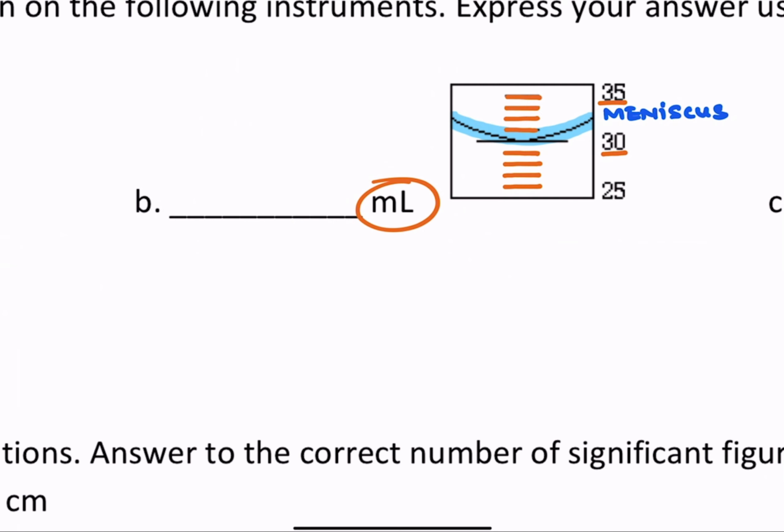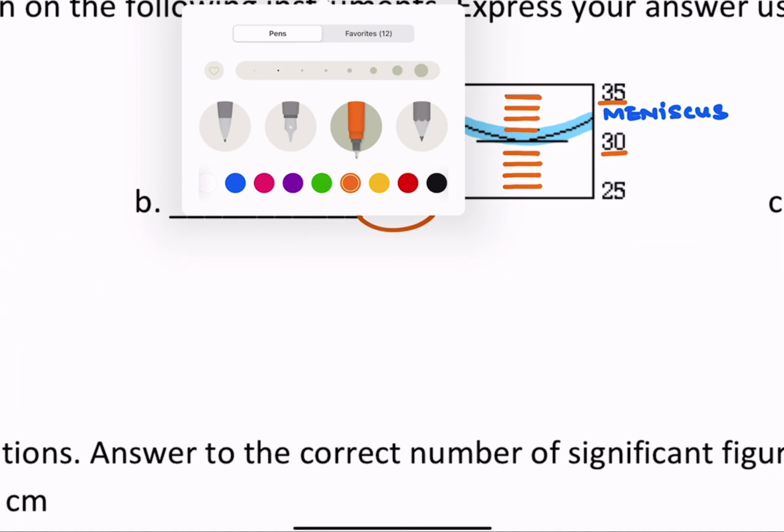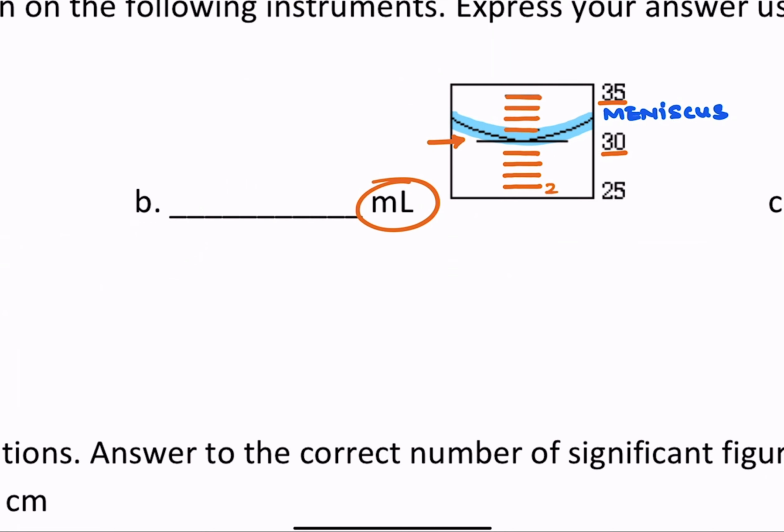And I am sure of the 0, okay? I'm right on the line. Again, if I look at this carefully, that's 26, 27, 28, 29, 30, 31, 32, and so forth. So when I look at this instrument, I'm sure of the 2 digits.